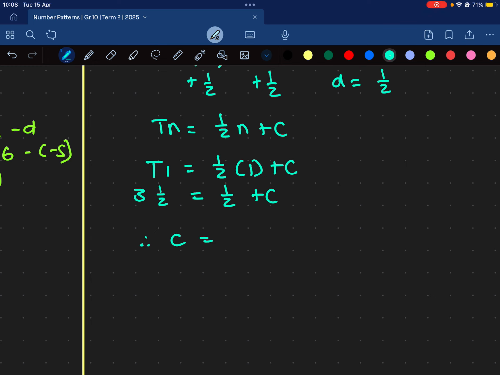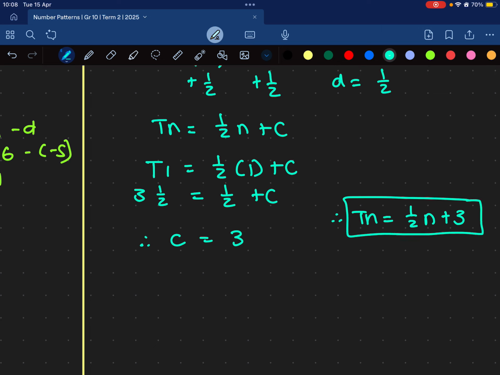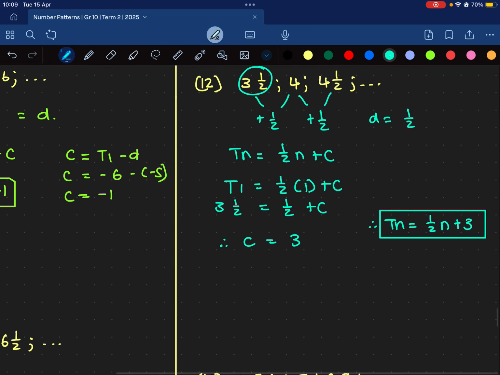It'll become negative a half, and you'll be left with 3. So therefore Tn is equal to a half n plus 3. Don't forget, obviously, that you need to find Tn. So make sure that you don't forget that final step of actually finding Tn.